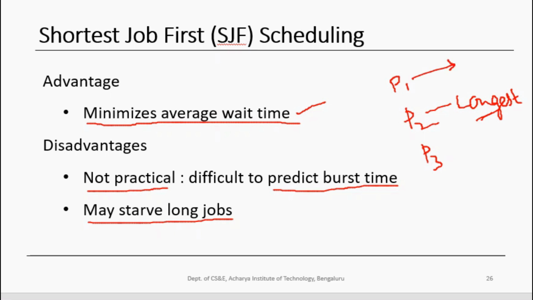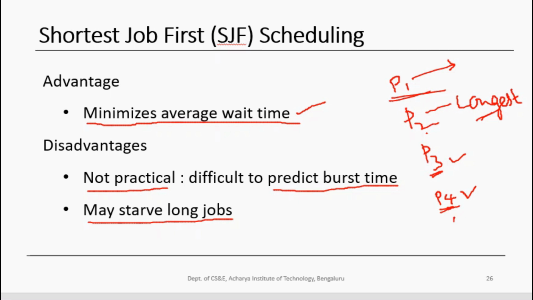Let us assume P1 is picked up for execution, and after this P1, P3 has, let's say, less CPU burst time compared to P2, so therefore P3 will be picked up. Now when P3 is running, let us assume that one more process P4 comes up, which has less CPU burst time than P2. Then P2 will be kept in the ready queue only, and P4 is given the CPU.